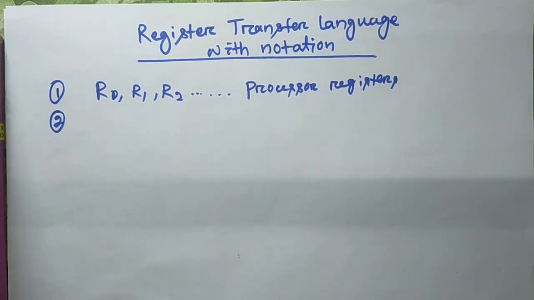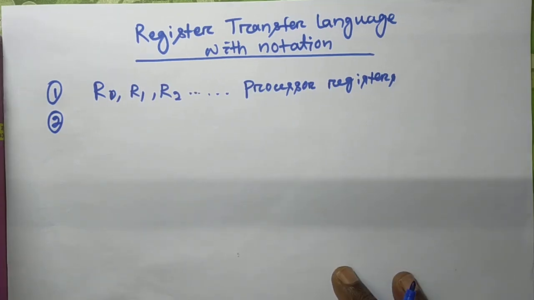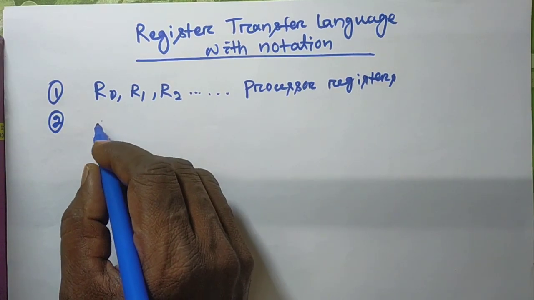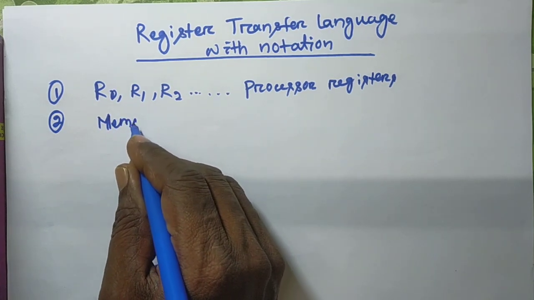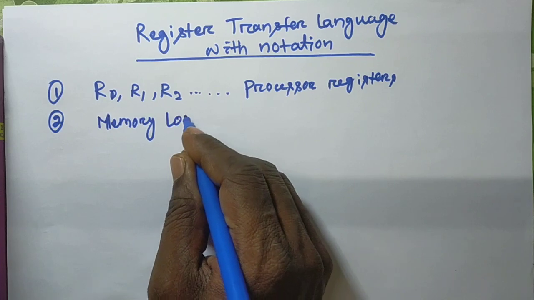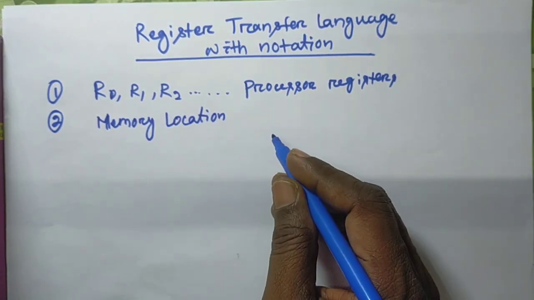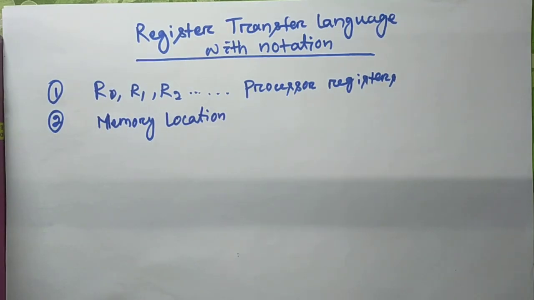Another notation we can use: sometimes we go through different addresses of data in memory locations. Addresses of memory locations are represented by a different kind of notation.